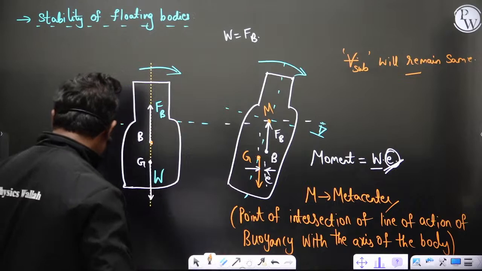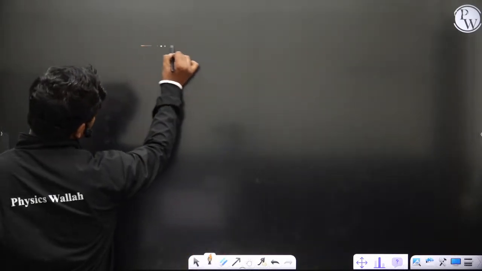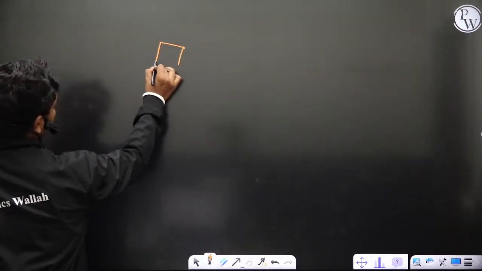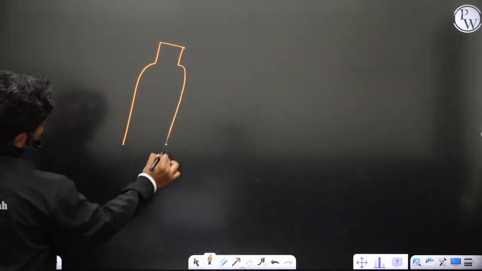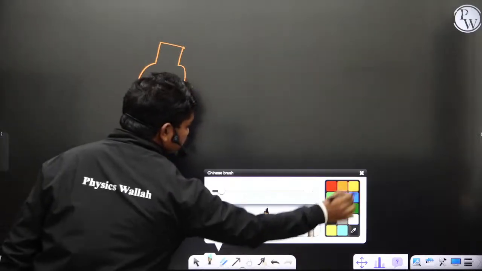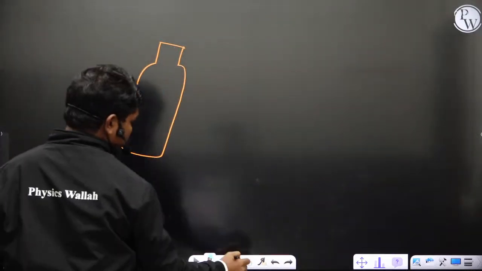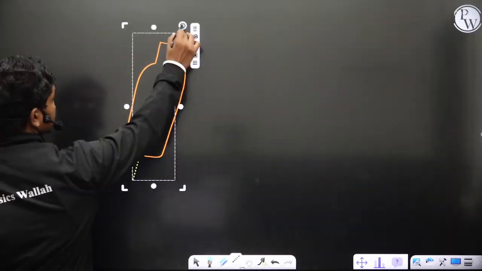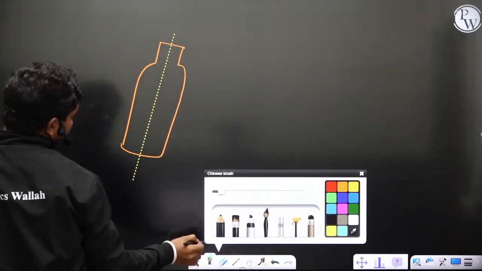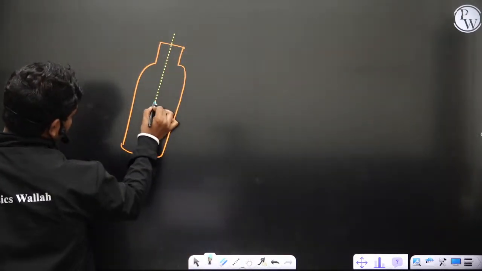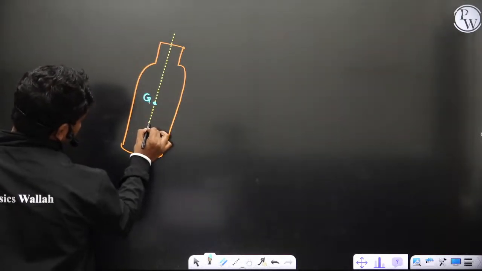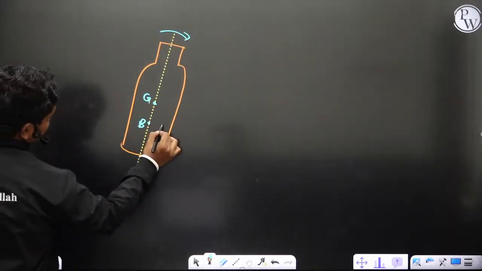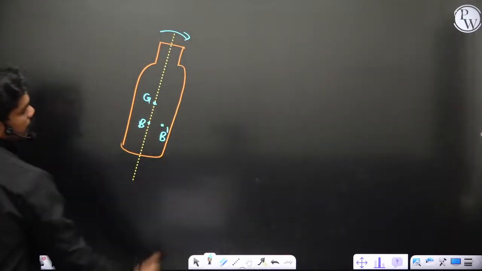Now let us suppose I take a configuration like this, and here G is somewhere here, and this buoyancy, which is initially at B, because of this tilting has shifted to some location here, B dash, for example.